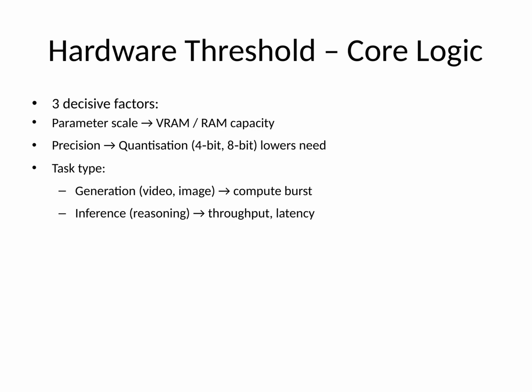The third factor is task type. Generation tasks like video or high-resolution image synthesis create short bursts of extremely heavy computation. In contrast, reasoning tasks often involve steady token-by-token inference, where throughput and latency matter more than peak compute.